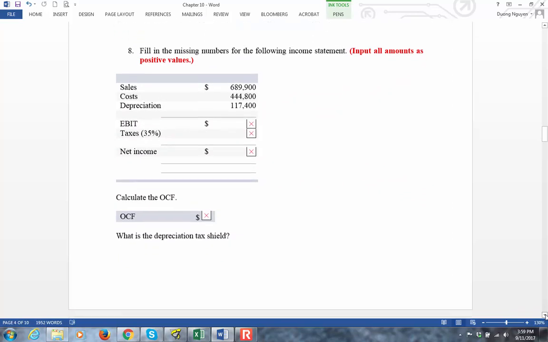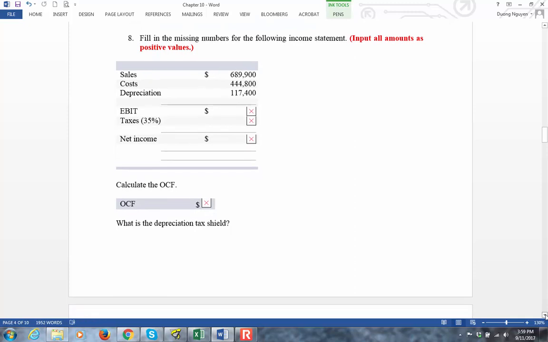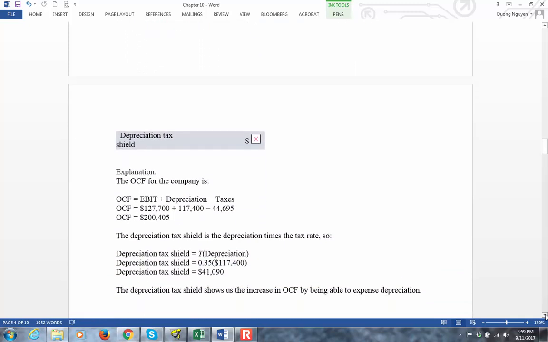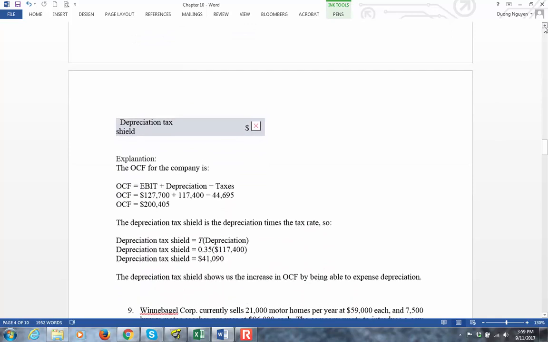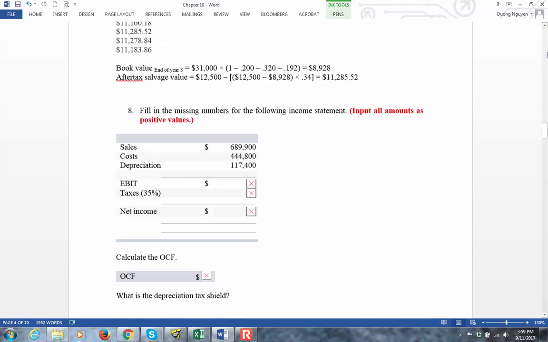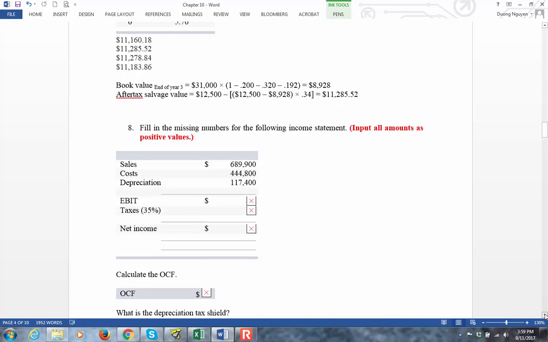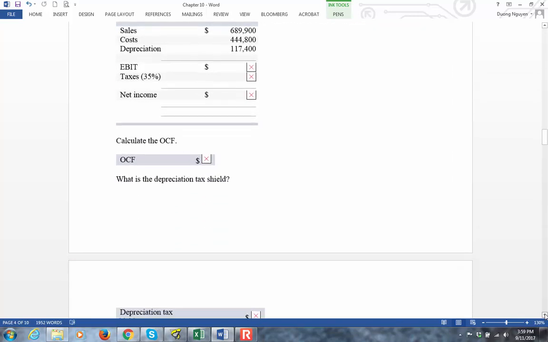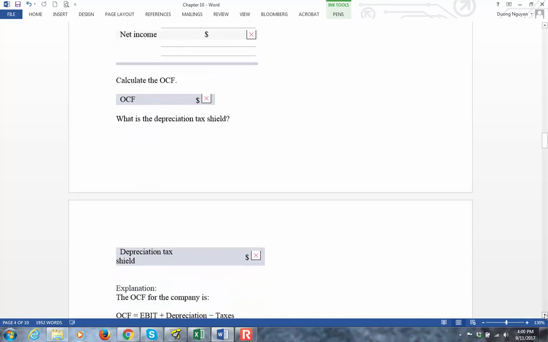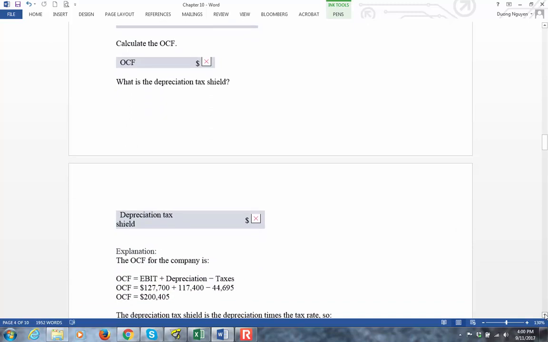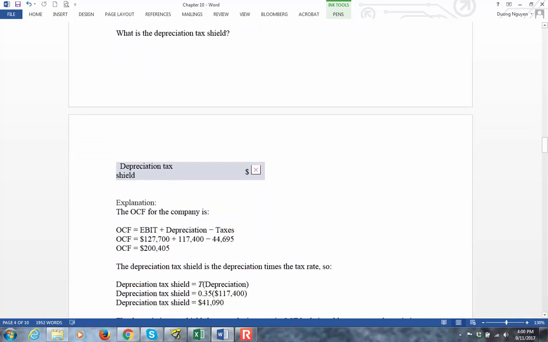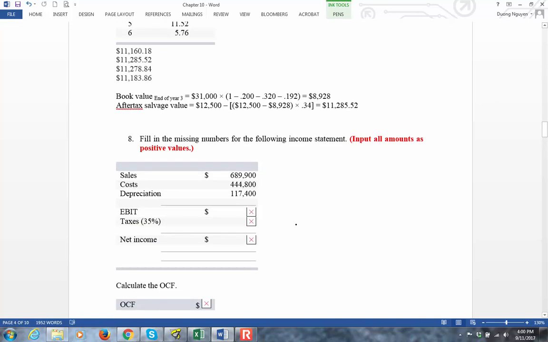Number 8. Now, for this question, calculate OCF. What is the depreciation tax shield? For the OCF, you have another formula, which is equal to EBIT plus depreciation minus taxes.